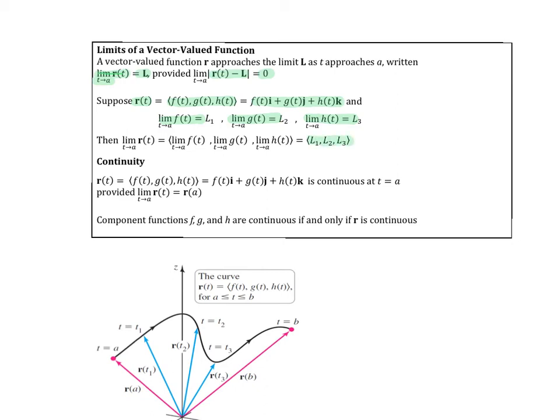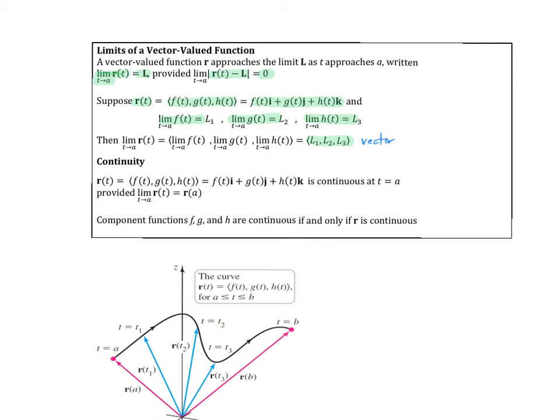So that's really important. It's a vector that we're approaching. Now, if even one of those limits does not exist, then the limit of r does not exist. So in order for the limit of r to exist, all 3 pieces have to have a limit that exists.